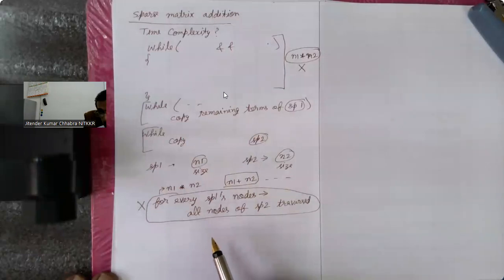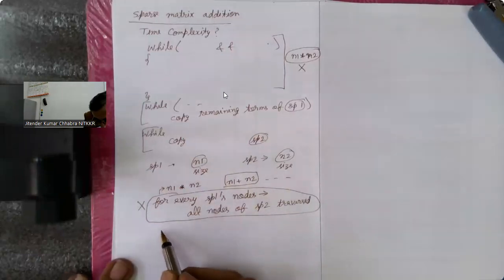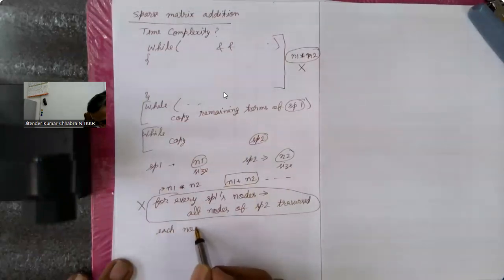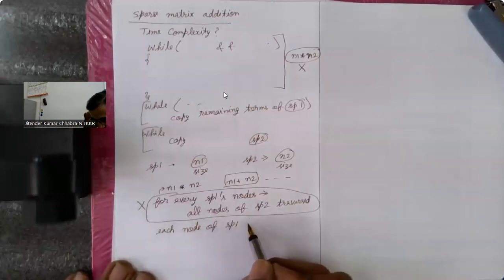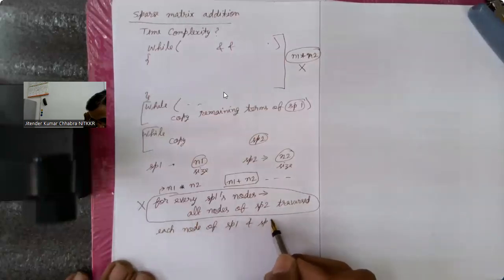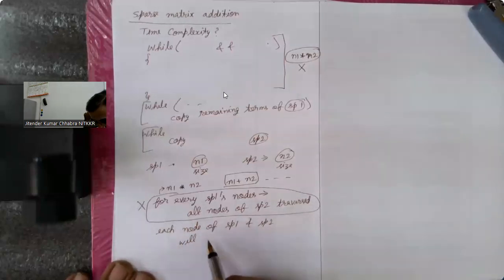But I say a stronger logic is needed to understand this: in the above while loop, each node of my list SP1 as well as SP2 will be traversed not more than once.